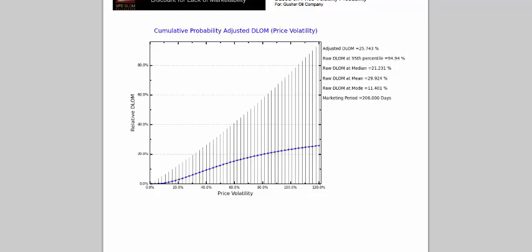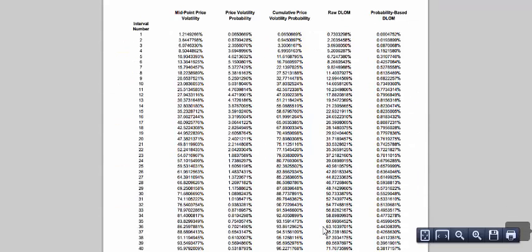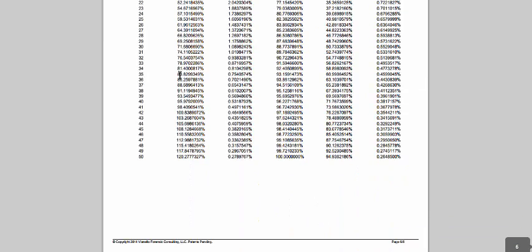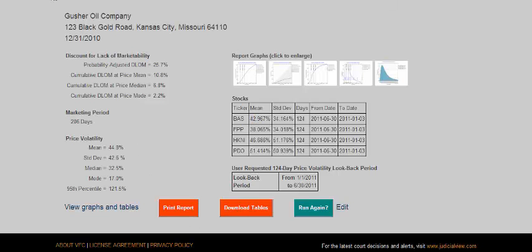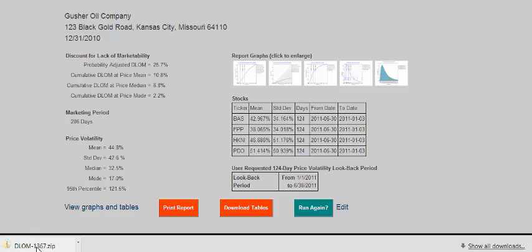Raw DLOM is the number that results from applying the Longstaff formula without imposing probability on the results. A PDF report also includes the numbers comprising the results and graphs. Returning to the screen report, clicking the Download Tables button provides spreadsheets of these numbers.